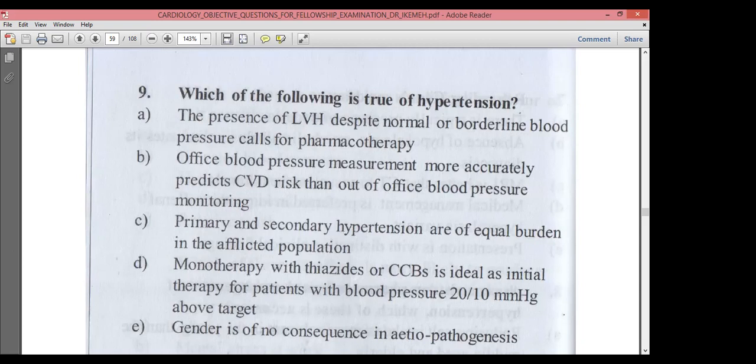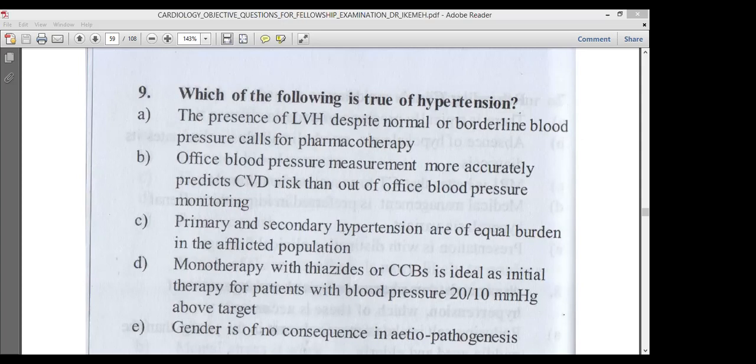Monotherapy with thiazides or calcium channel blocker is ideal. So we know that the target generally for blood pressure control is less than 140/90. If you add 20 to 140, that will take systolic to 160. And if you add 10 to the 90, it will take the diastolic to 100. So that puts the person straight away at stage 2 hypertension.